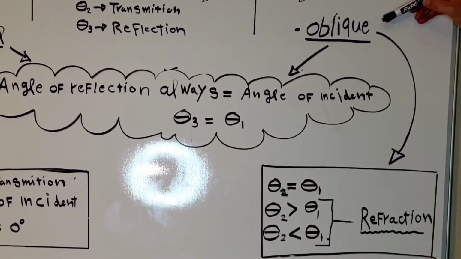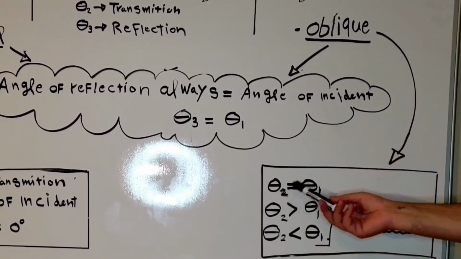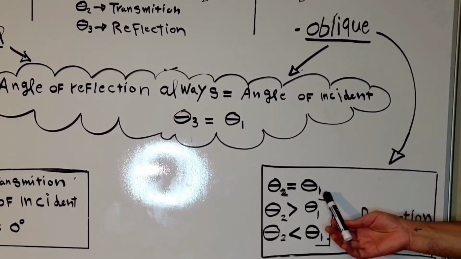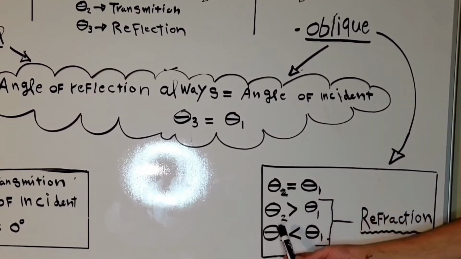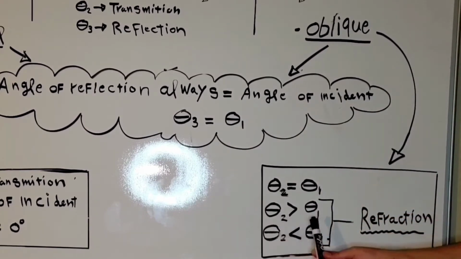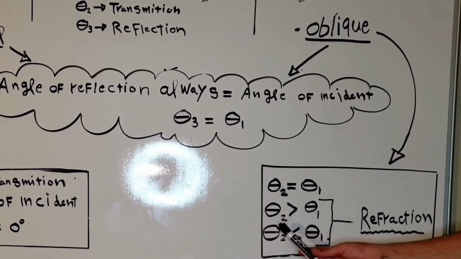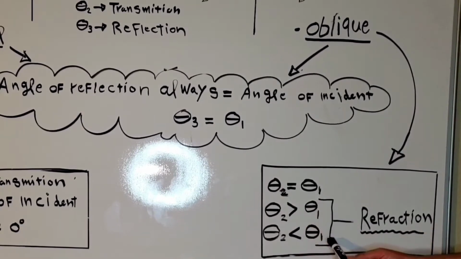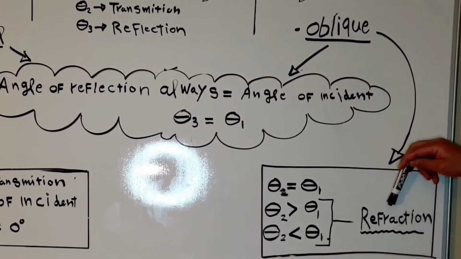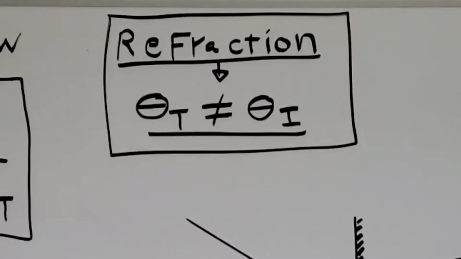In oblique incident, the angle of transmission sometimes equals the angle of incident, sometimes is more than the angle of incident, and sometimes it can be less than the angle of incident. When the angle of transmission is different than the angle of incident, we call this refraction.